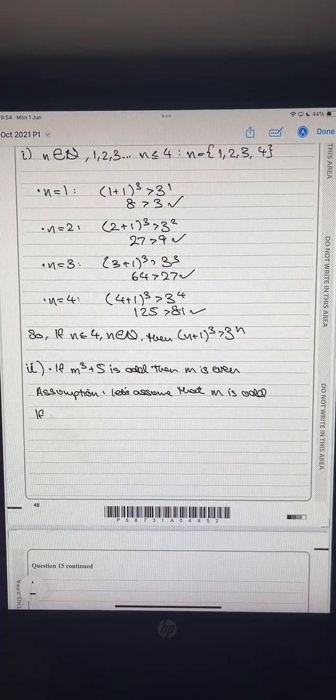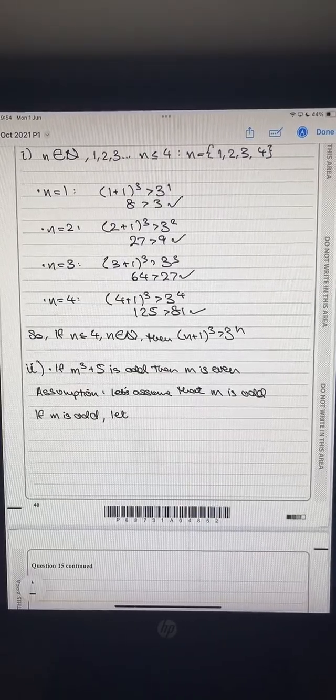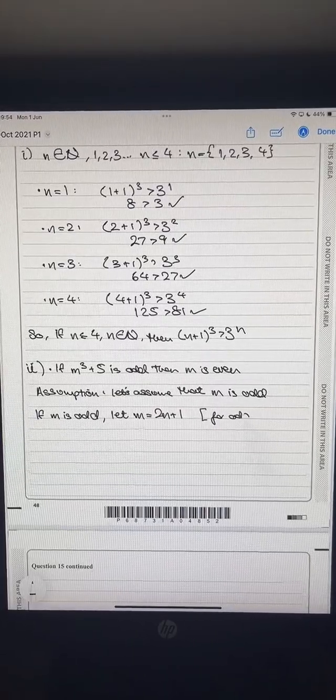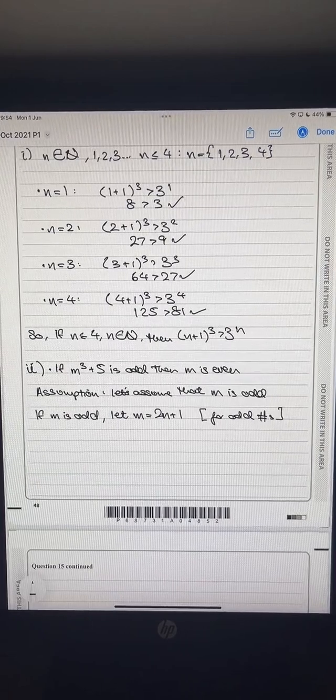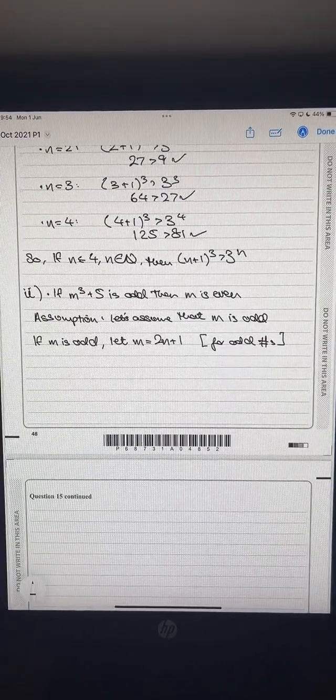So if m is odd, let m be equal to 2n plus 1, because this is for odd numbers. This is how I show an odd number. 2n plus 1, it could even be 2p plus 1, and so on. You could do plus or minus 1, but I'm choosing to do plus.